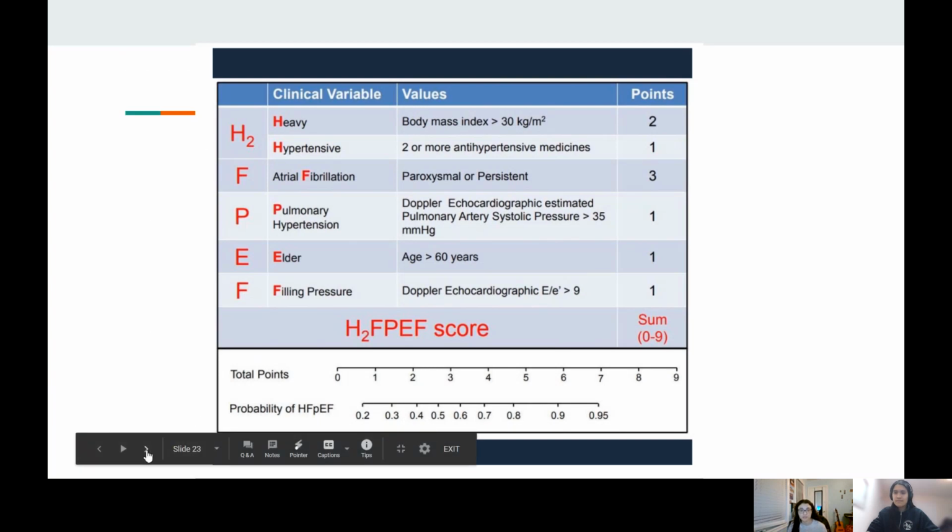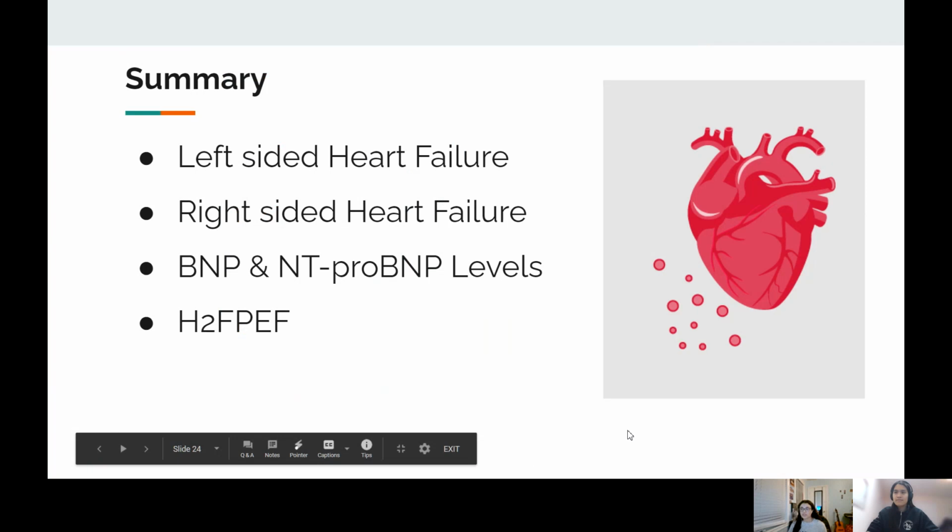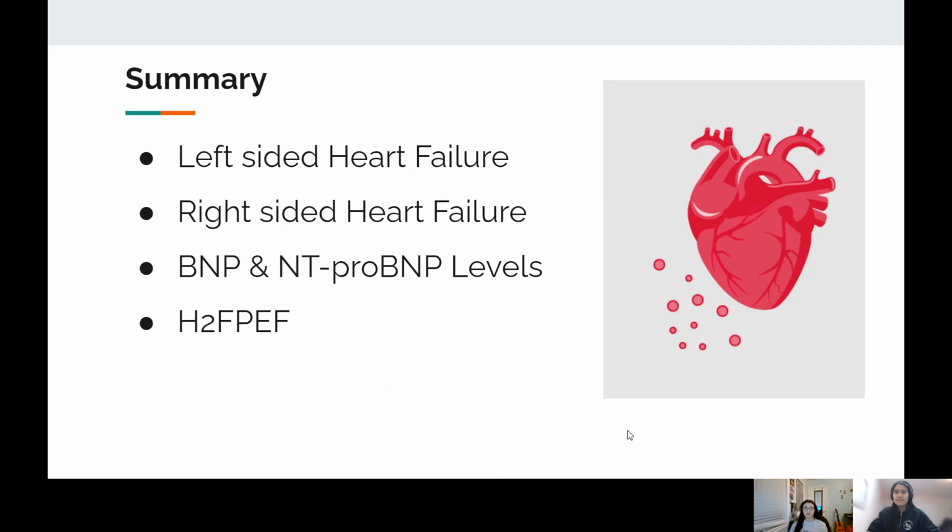diagnosed with heart failure. So just to summarize what we went through today, we discussed what left-sided heart failure is, we talked about right-sided heart failure, and we also discussed the blood flow in the heart, so the 4 chambers of the heart, and how the left side is the bigger, stronger side because it pumps to the body, and the right side is the side that takes the blood from the body to send it into the lungs to be oxygenated.